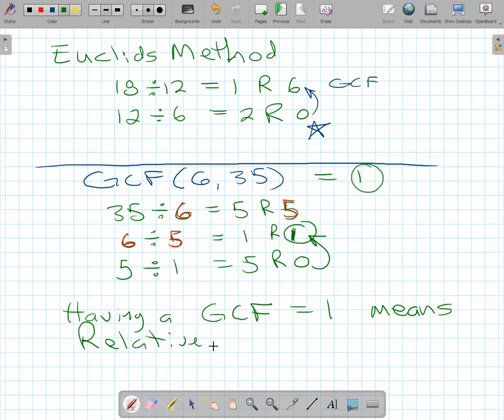They have no interesting common factors. So I would say 6 and 35 are relatively prime. 12 and 18 are not relatively prime because their greatest common factor was 6. So we have the idea of a prime number, and then 2 numbers can be relatively prime if they have no interesting common factors. 1 isn't that interesting.